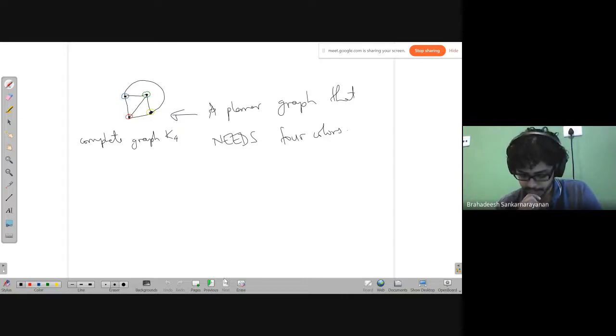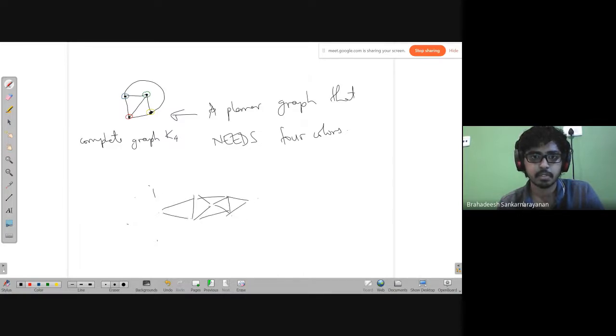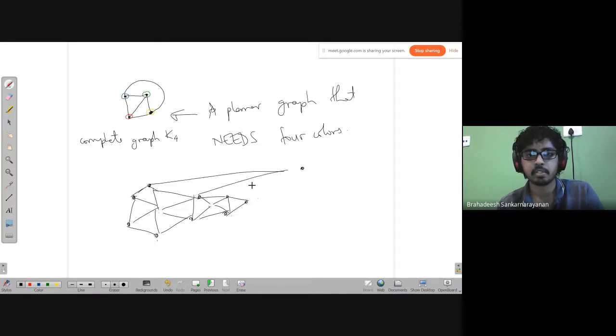The reason is, suppose you have some really complicated graph, with a whole bunch of vertices and lots of edges between them. Suppose you look at the colorings along this outermost cycle, and suppose all 4 colors appear over here. Now let me create another planar graph by adding a vertex here and putting in all these edges.